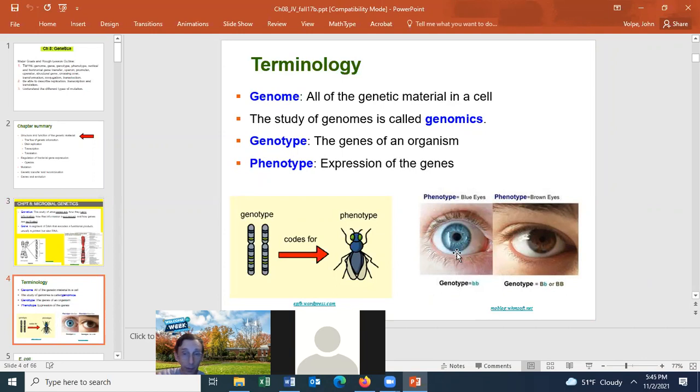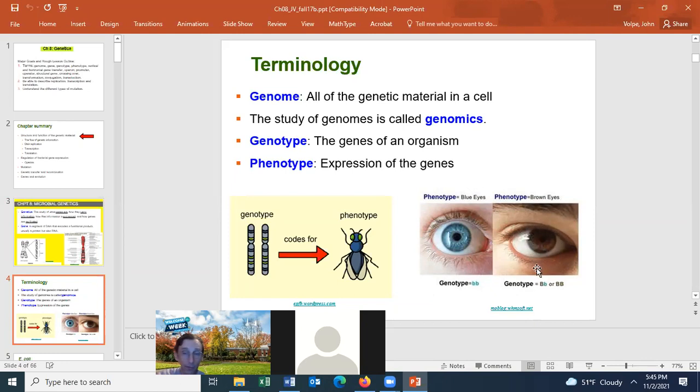genotype is blue eyes. Now for brown eyes, individuals can have the genotype uppercase B for brown or lowercase b for blue. Lowercase is recessive, so the phenotype in this case is brown.